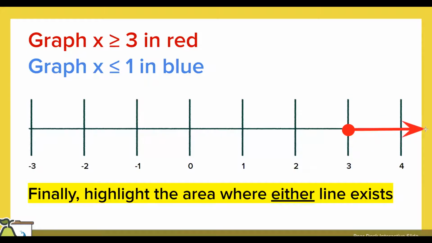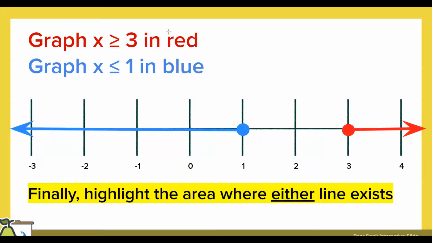Yeah, 4 is greater than or equal to 3, so we're going to draw an arrow through it. Let's do the same thing with the blue. X is less than or equal to 1. Would 4 be a solution to that? No, 4 is not less than or equal to 1. So the arrow goes the other way to avoid the number 4.